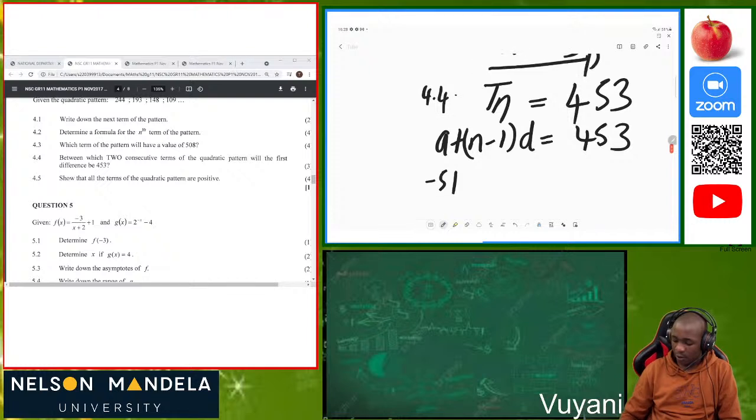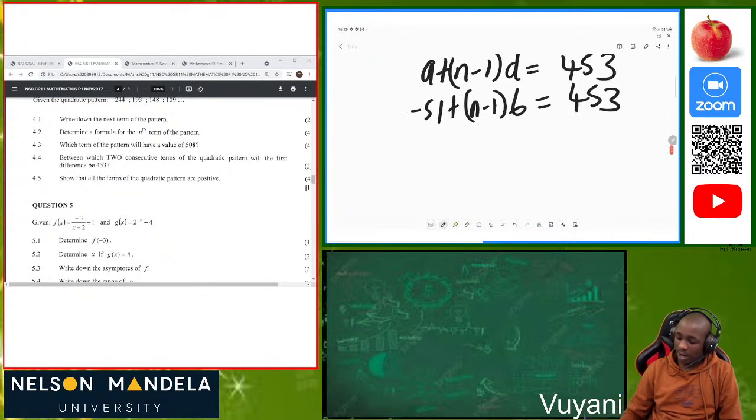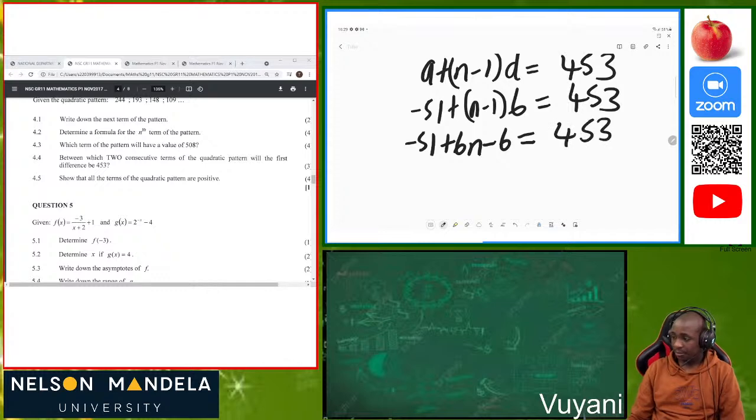So on the value of a, we'll put negative 51 plus n minus 1 times 6 equal to 453. Now we have to solve for n. We know that negative 51 plus 6n minus 6 is equal to 453.